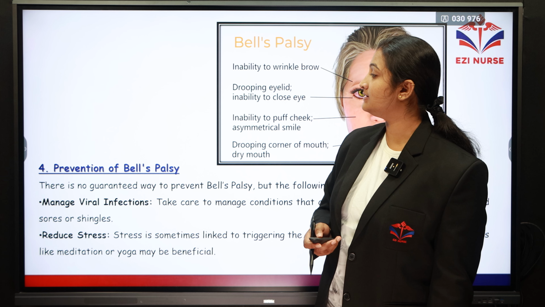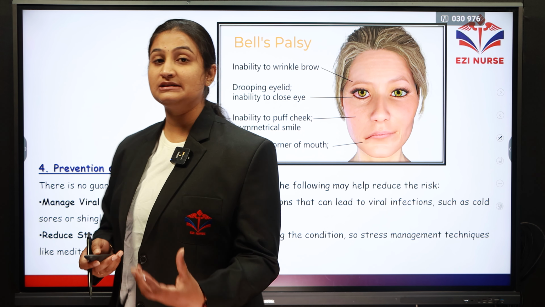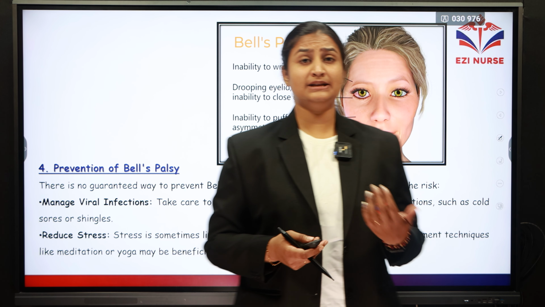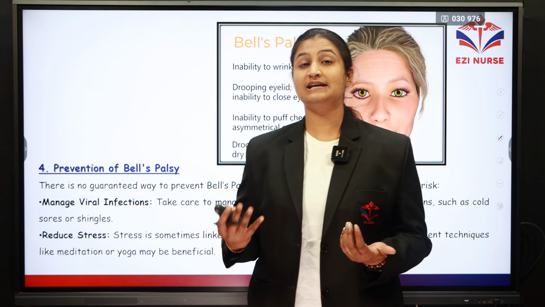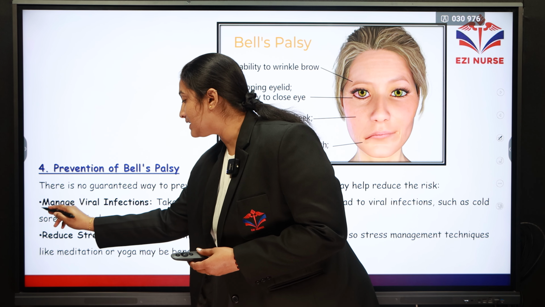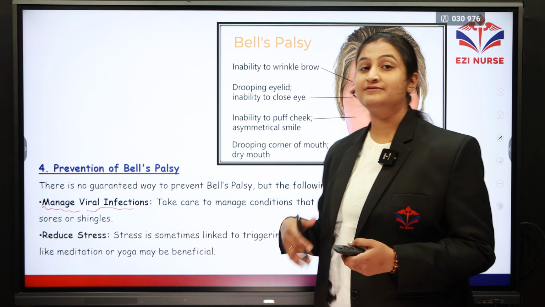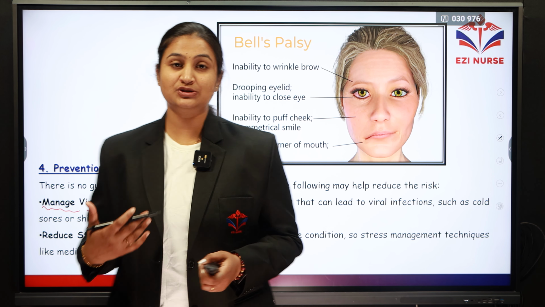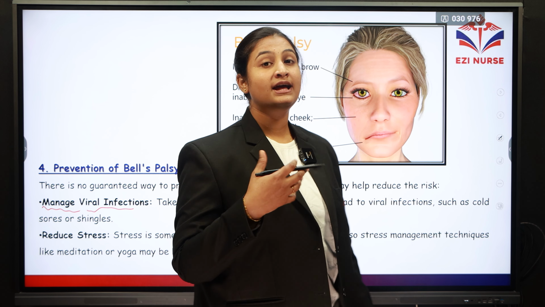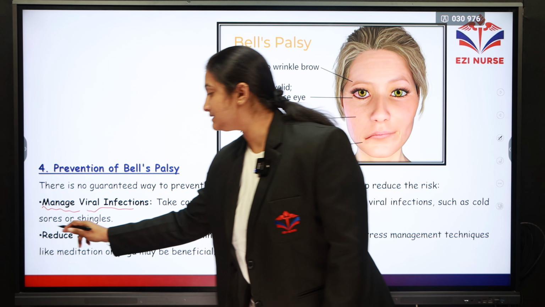Next is Bell's palsy prevention, how well you can prevent it, and what is the nurse's duty in helping them. The prevention can also be used as nursing management. You can help them by managing viral infections. You have to tell them to take care and try to manage the conditions that can lead to viral infection, such as flu, cold sores or shigella.